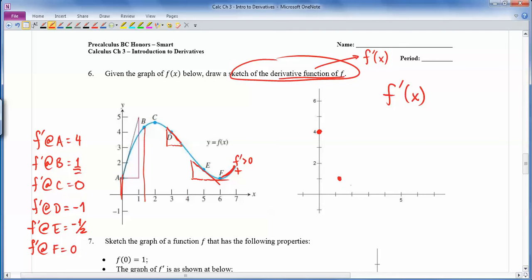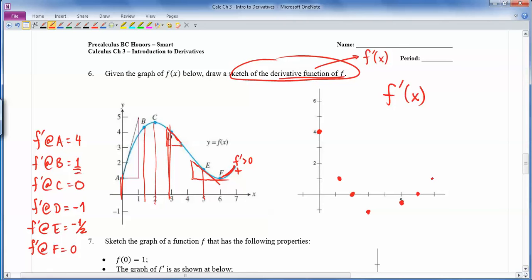At C, it's got to be 0, and C falls on 2. At D, D falls on 3, and the slope is -1. E is at 5, and so that's -0.5. And F is back at 0, and then it goes positive.